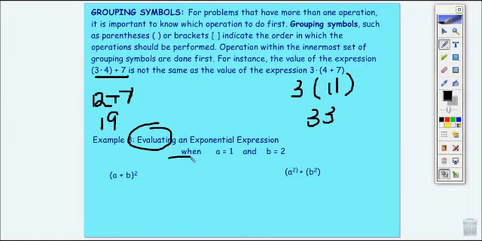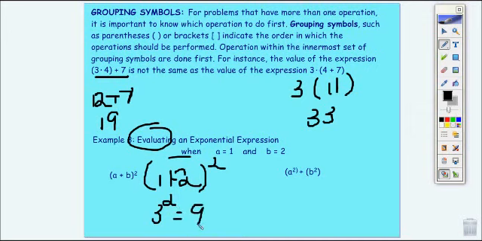So that would be 1 plus 2, and then we're going to square that value. So 1 plus 2 equals 3, and 3 squared would give me my total of 9.